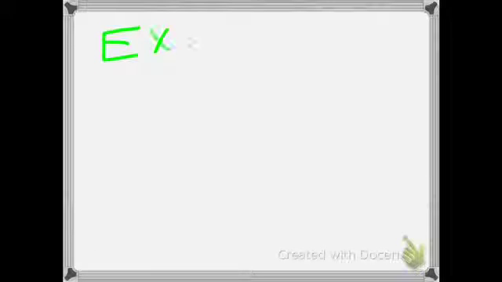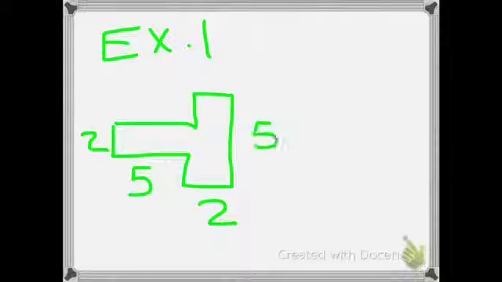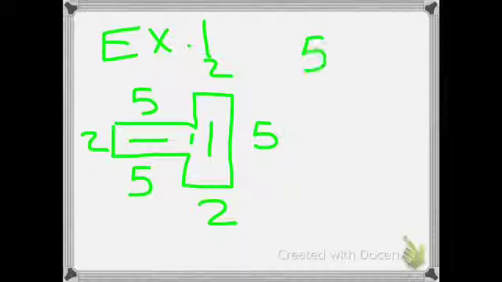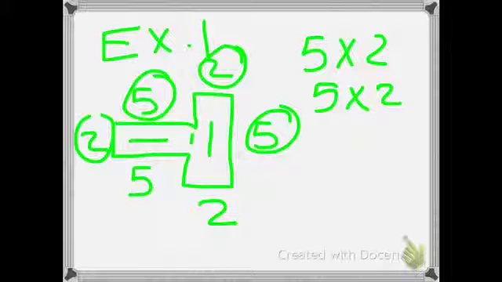Example 1. You would draw your figure, so this is a pretty easy figure, but we'll work with it. So your sides would be 2, 5, 2, 5, 2, 5, and you would split the figure up, so you would have 2 figures right here, and it would be 5 times 2 and 5 times 2 because of your 2 numbers right here, and it's all the same sizes.